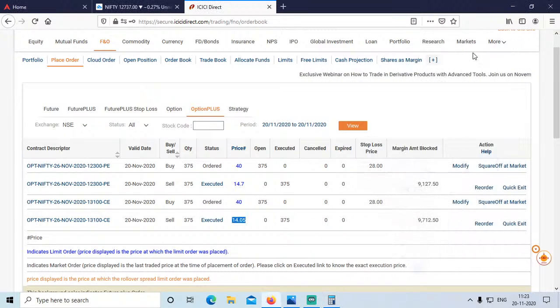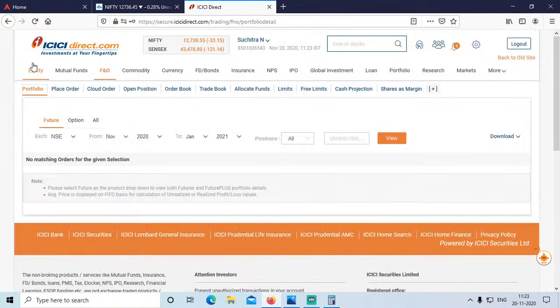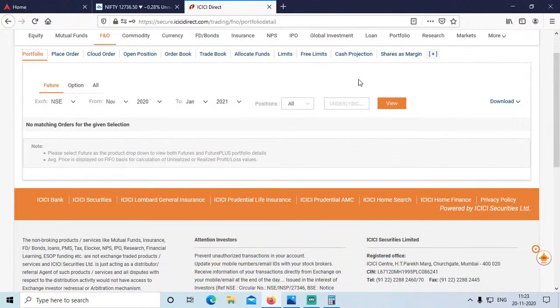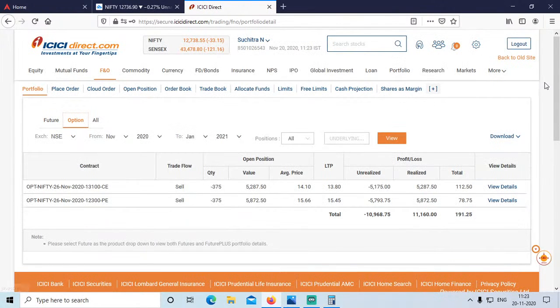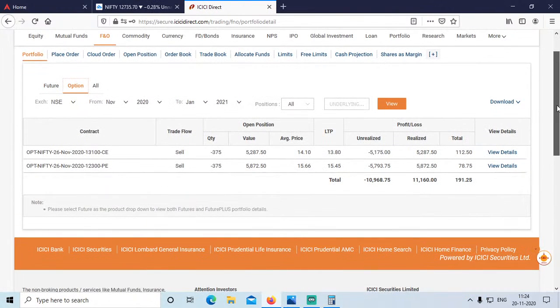Now let us look into the profit in the portfolio. We'll go to portfolio and click on options. Here, the total profit is coming around 191 rupees. The first leg, the 13,100 call option, is an open position.